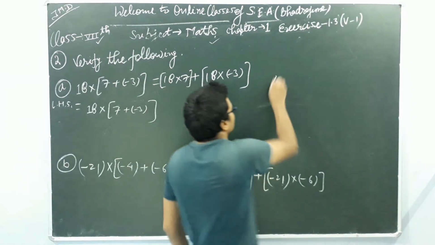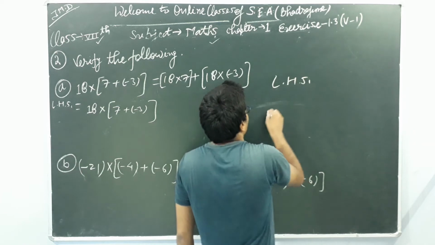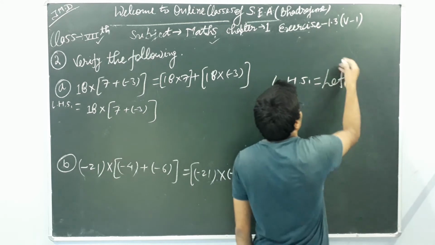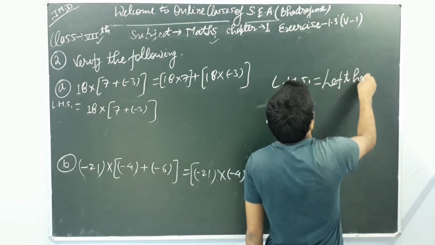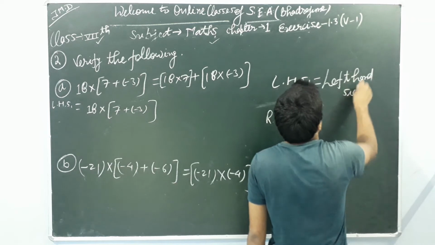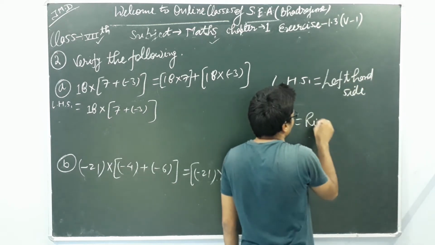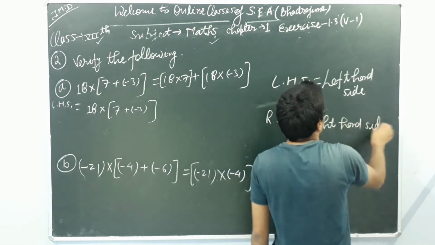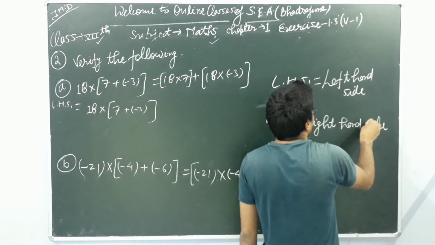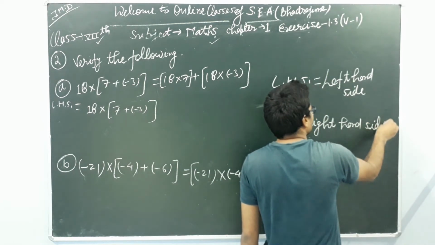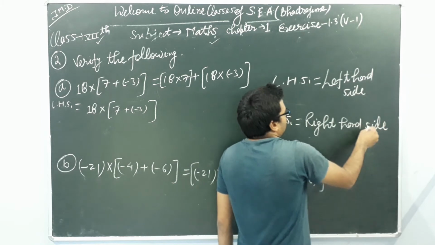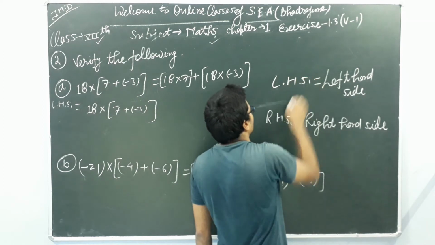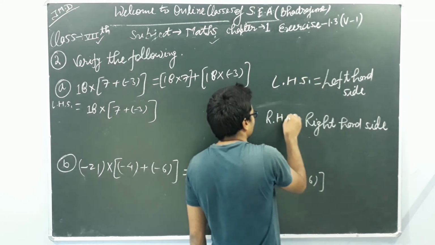Okay, what is LHS and RHS? Let me explain first. LHS is left hand side, and RHS is right hand side. This is our LHS, means left hand side, and on the other hand this is RHS, means right hand side.